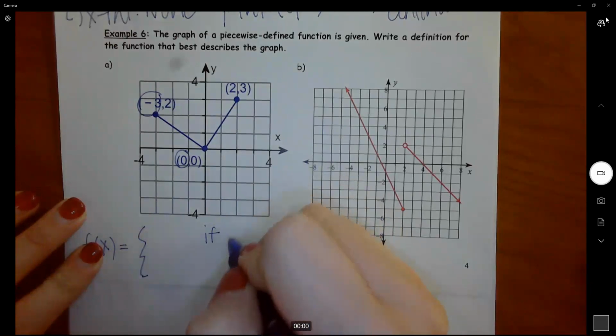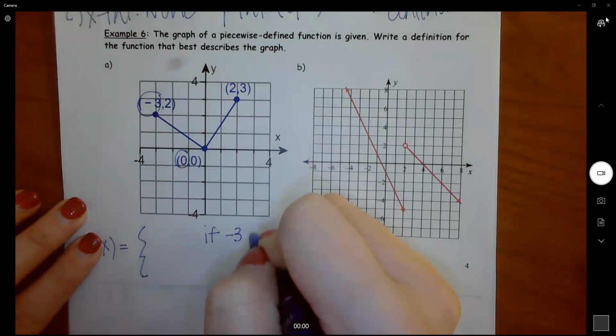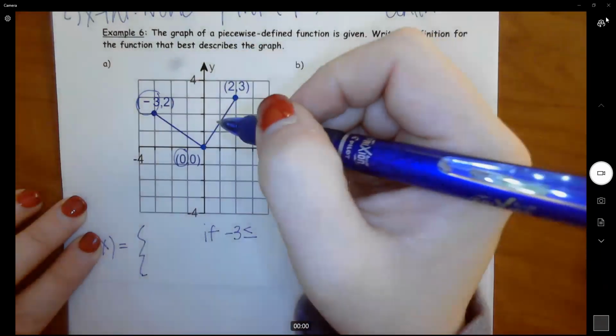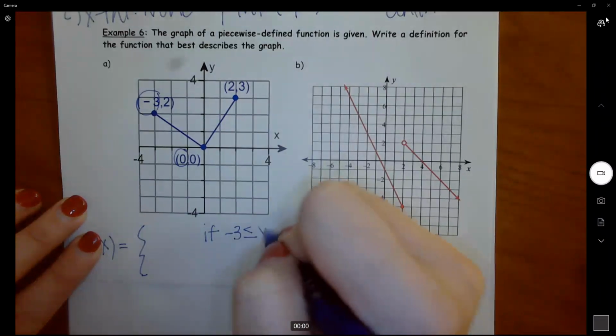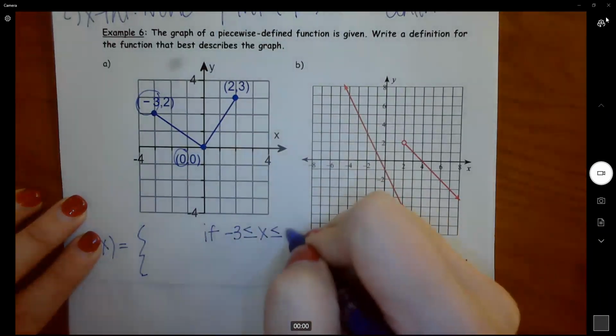So this will be if -3 is less than or equal to, because it does have a closed circle here, x, which is less than or equal to, again because of a closed circle, 0.